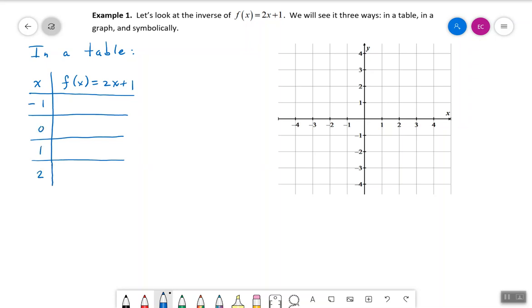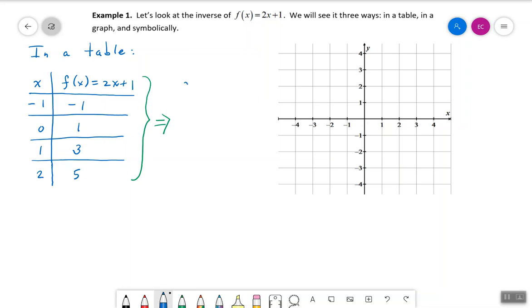You could choose different values. And then let's go ahead and finish the table. So 2 times negative 1 plus 1. Negative 2 plus 1 is negative 1. 0 plus 1 is 1. I think this is going to be 3 and 5.